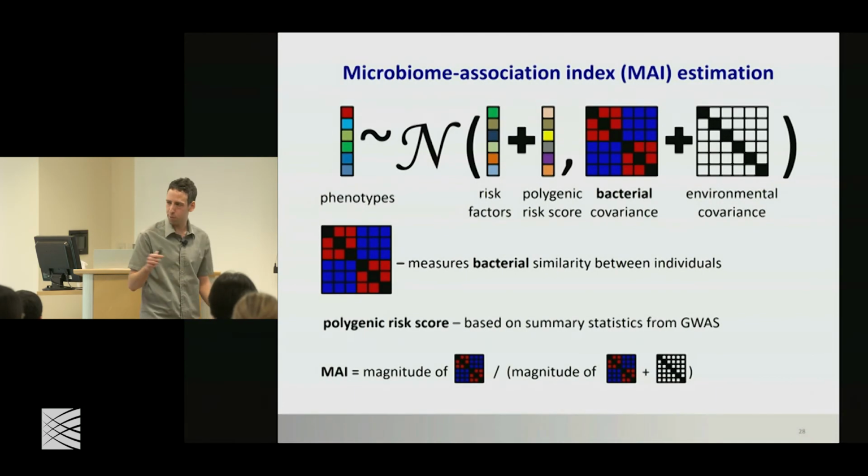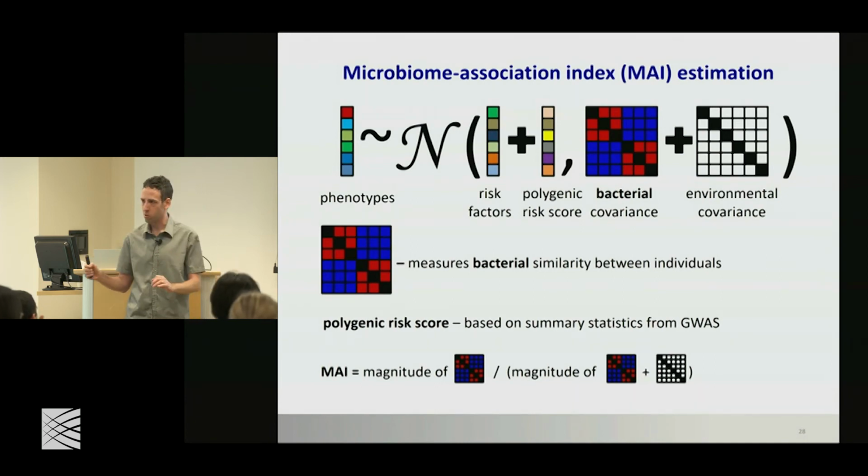You're in this rare situation where you actually know something about environmental covariance. Right, that's a very good question. So we have risk factors, and I didn't say what these risk factors are. These risk factors mostly capture environmental effects, and we mostly accounted for diet, because we know that diet is a very major determinant for the gut microbiome.